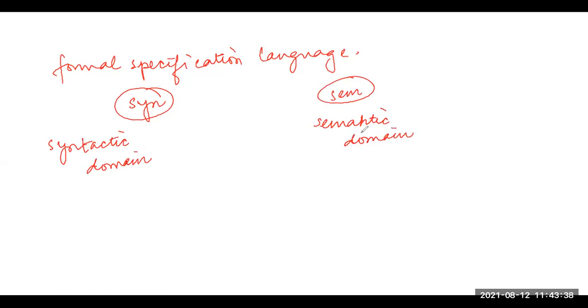And there is a relationship set between them. They are always related to each other. These two sets, SIN and SEM, are related to each other by the relation set, which is known as the satisfaction relation.